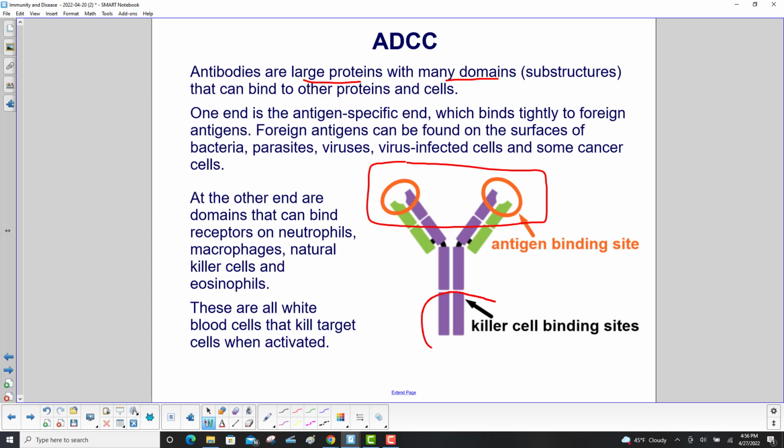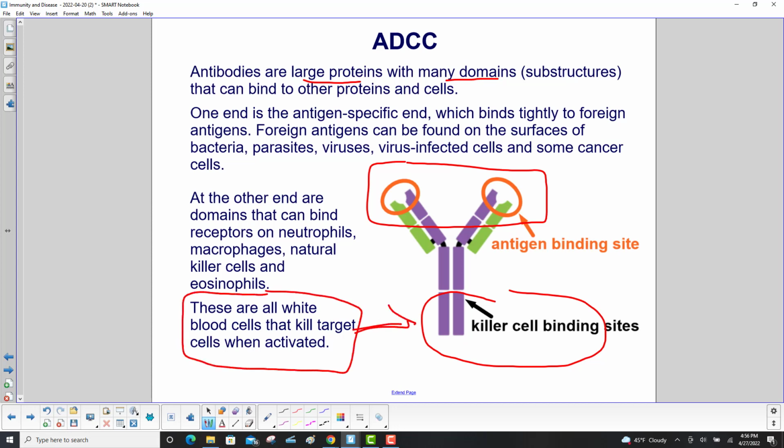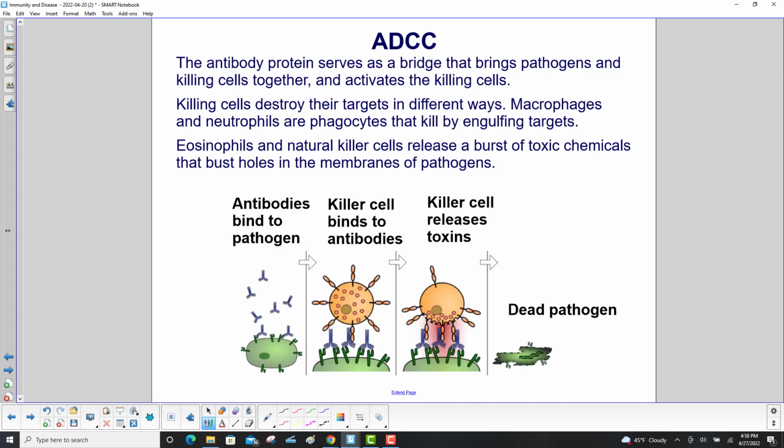At the other end are domains that can bind receptors on neutrophils, macrophages, natural killer cells, and eosinophils. These are all white blood cells that kill target cells when activated. The antibody protein serves as a bridge that brings pathogens and killing cells together and then activates the killing cells.